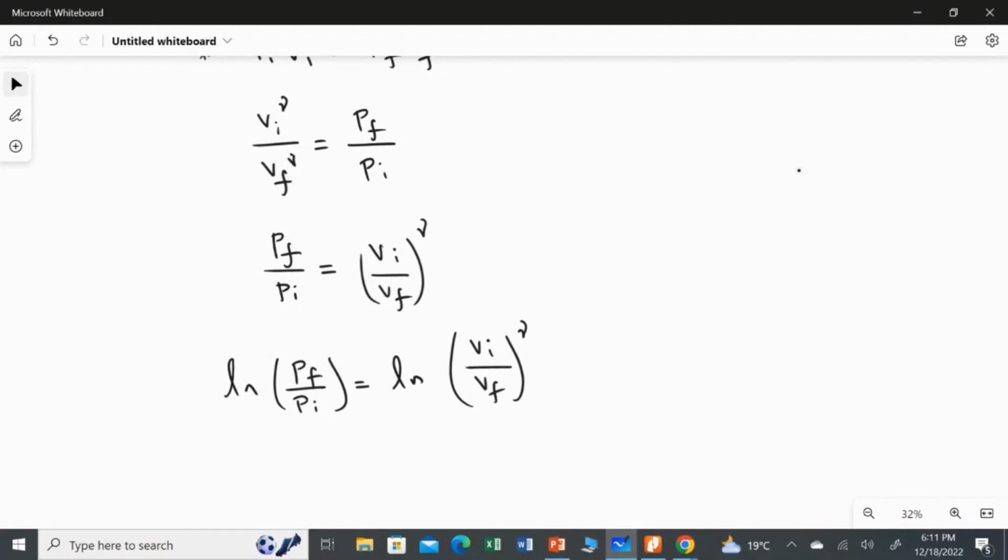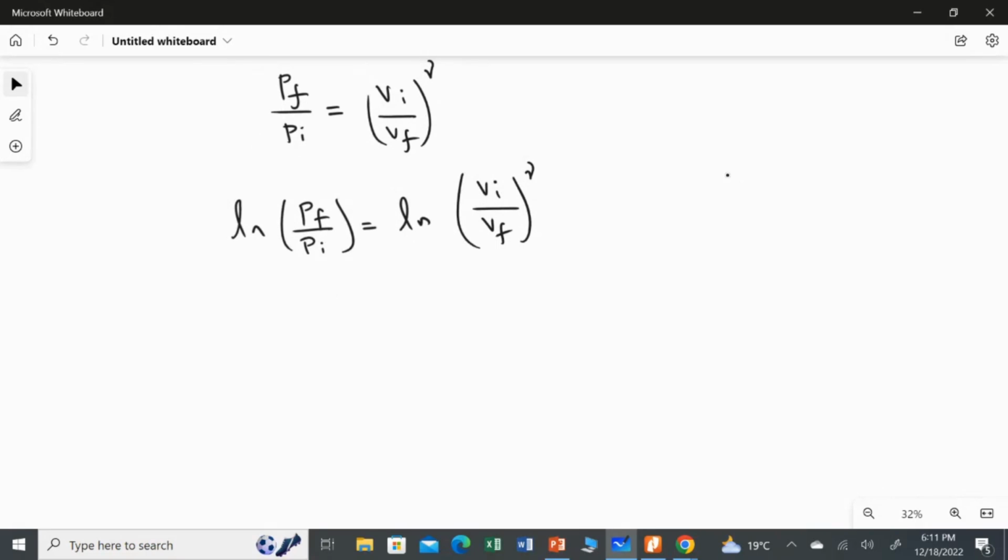By applying the logarithmic rule, we can take the power to the front on the right-hand side: gamma times ln of Vi over Vf. The left-hand side I write as it is: ln of Pf over Pi.